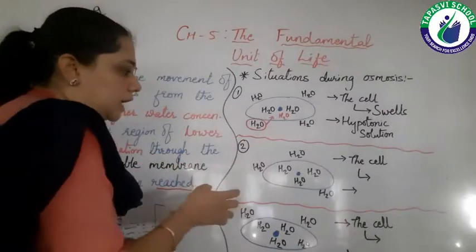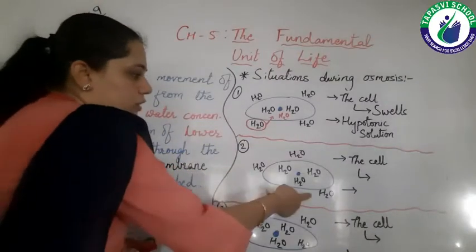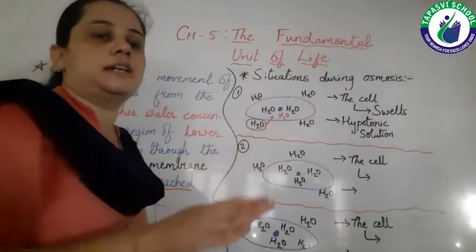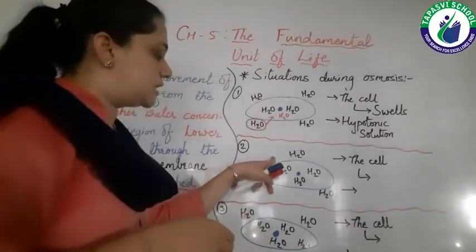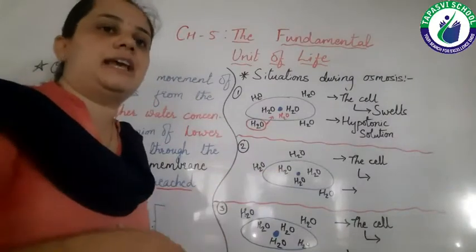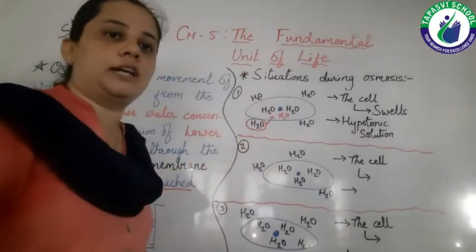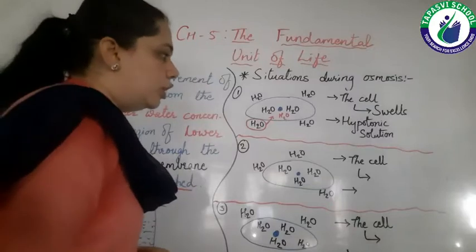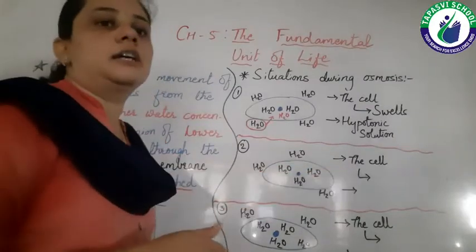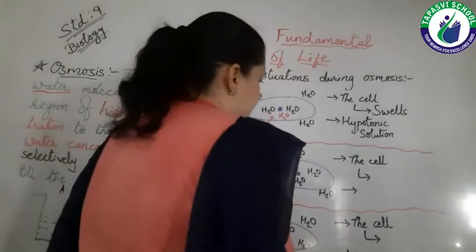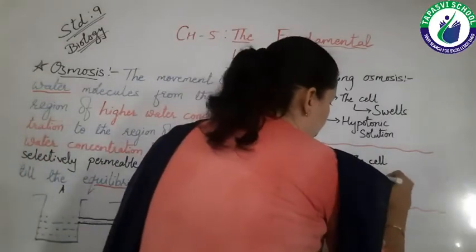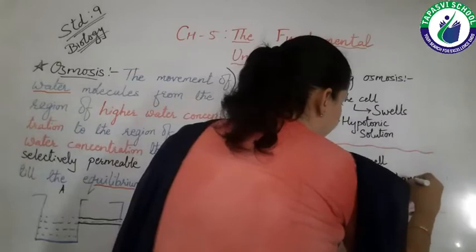Means the number of water molecules will remain the same as it is, because the outside and the inside of the cell have the same number of water molecules. So the cell does not show any change. Means in the cell there will be no change.